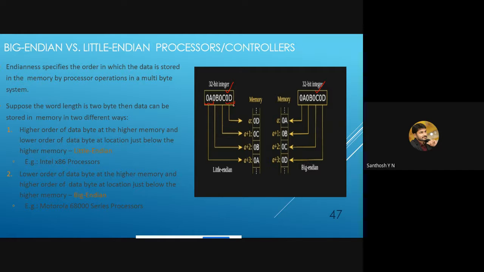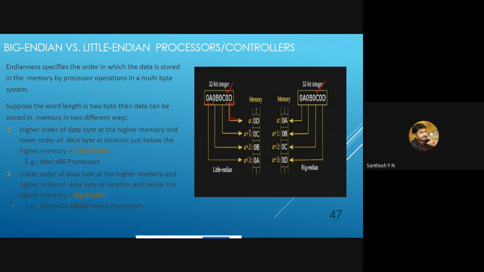This lower order data is stored in the starting address. Let me call it 8000. So the lower order of your data is stored in the memory address 8000. What will be your next memory location address? It will be 8001.